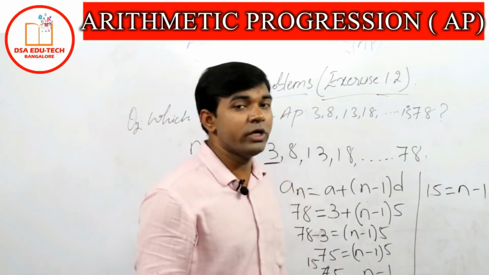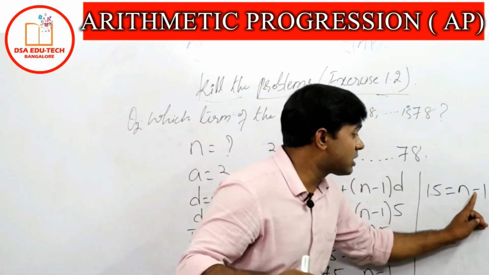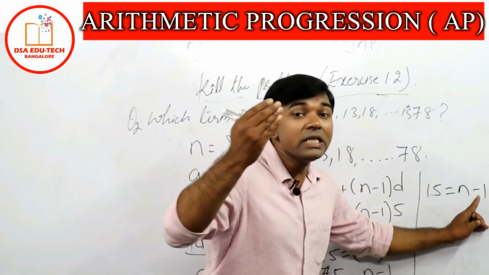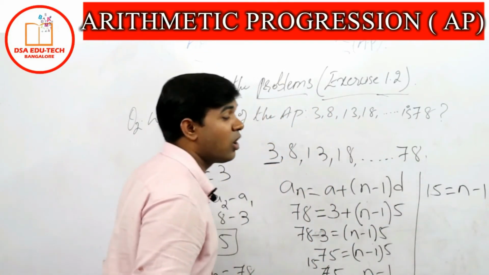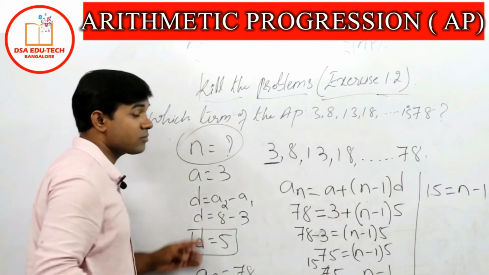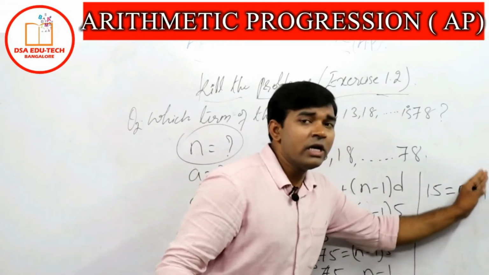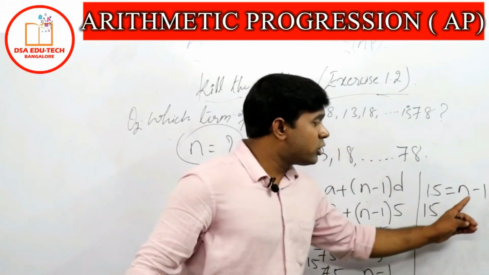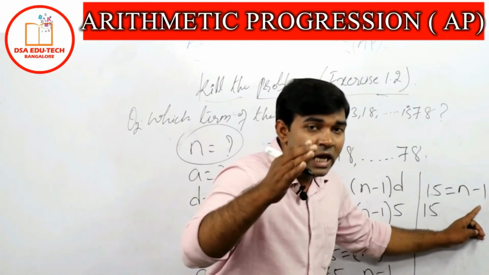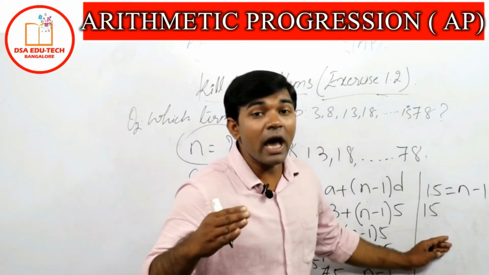15 is equals to n minus 1. So what I will do, this minus 1, I will bring this side. Why I am bringing this side? Because I have to find the value of n. So this minus 1, I'll bring this side. If I bring from RHS to LHS, what would happen?